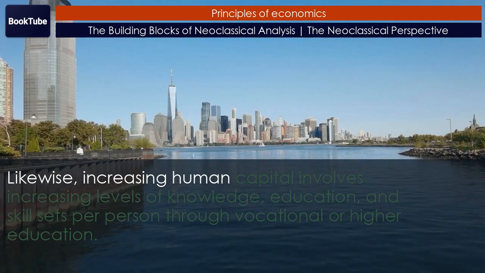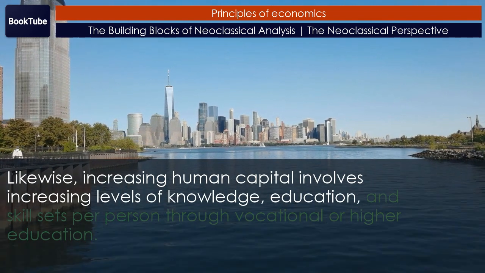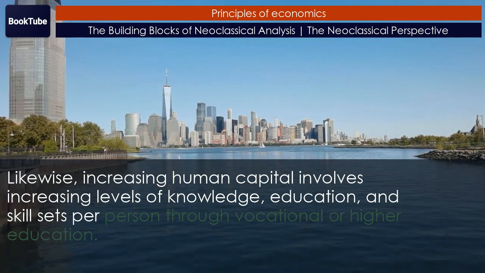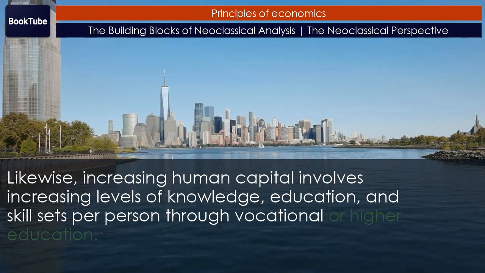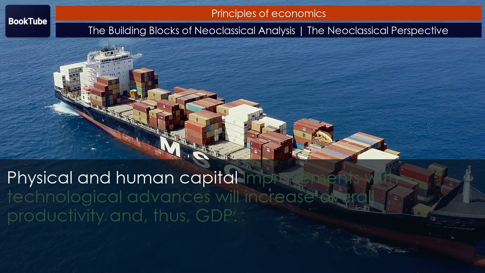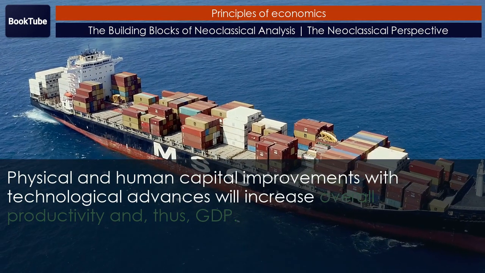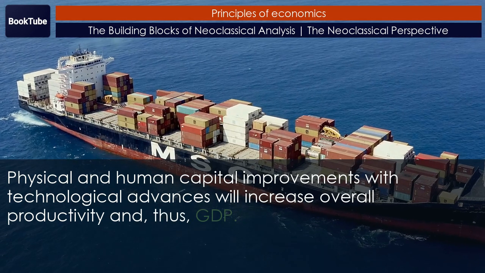Likewise, increasing human capital involves increasing levels of knowledge, education, and skill sets per person through vocational or higher education. Physical and human capital improvements with technological advances will increase overall productivity and, thus, GDP.